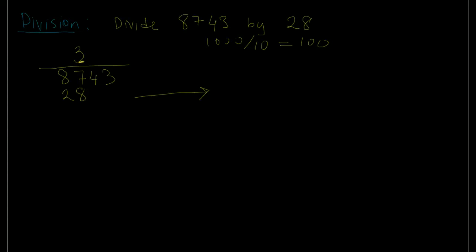So you compute 28 times 3, which is 84, and you subtract that from 87, which is 3. So 87 now will be replaced by just 3.